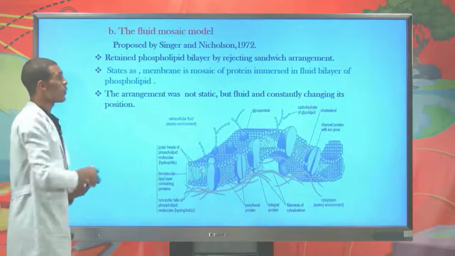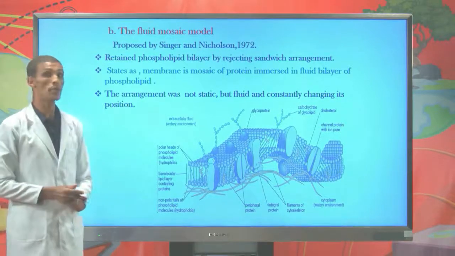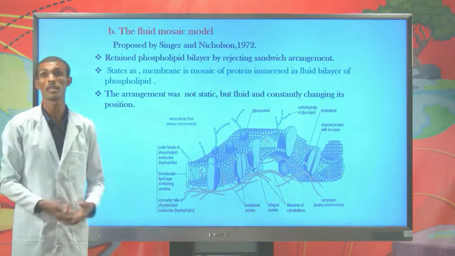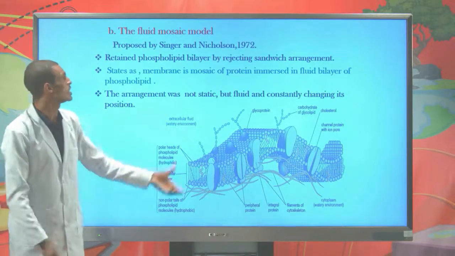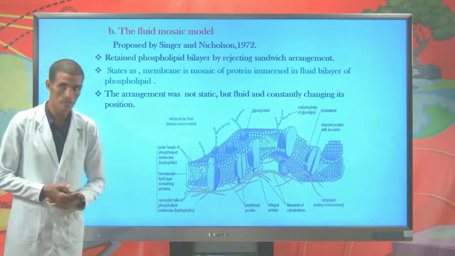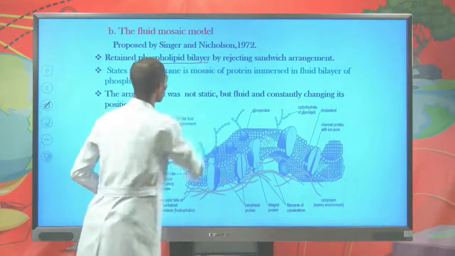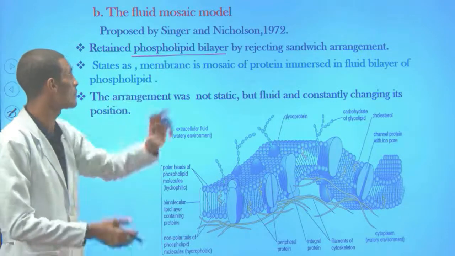The other model, widely accepted today for the plasma membrane, is the fluid mosaic model, explained by Singer and Nicolson in 1972. They rejected the sandwich model and accepted the phospholipid bilayer, as phospholipid is the base for plasma membrane formation.